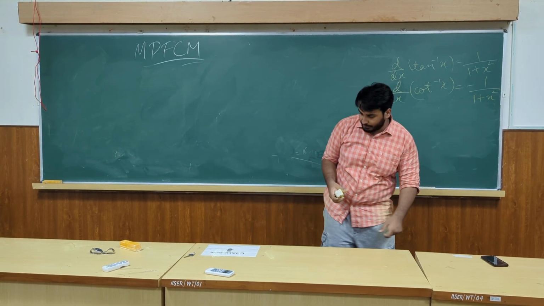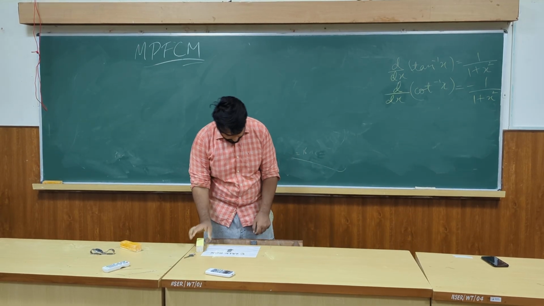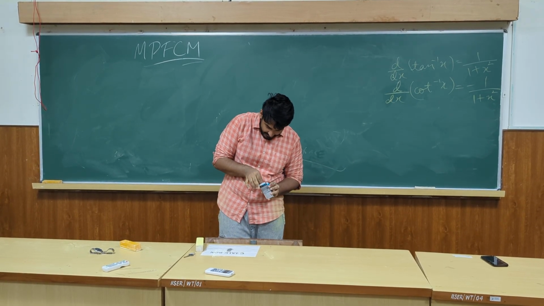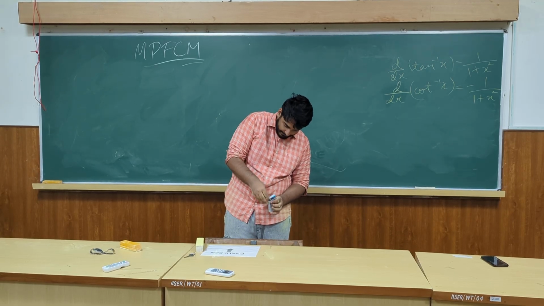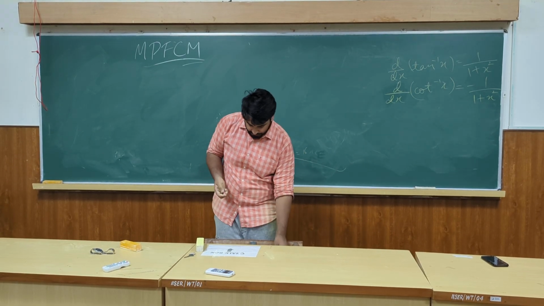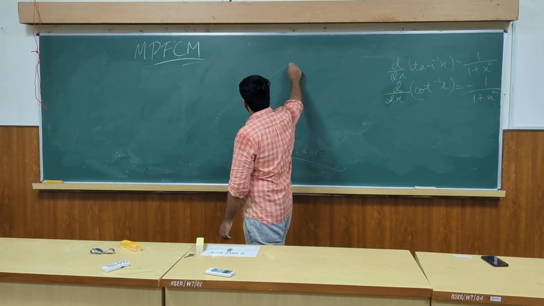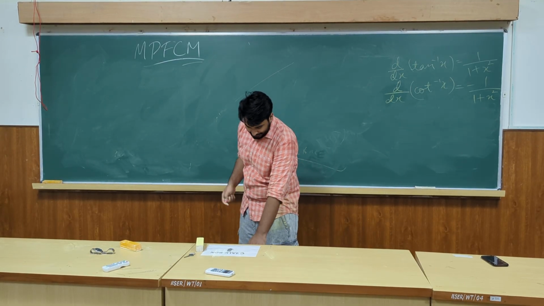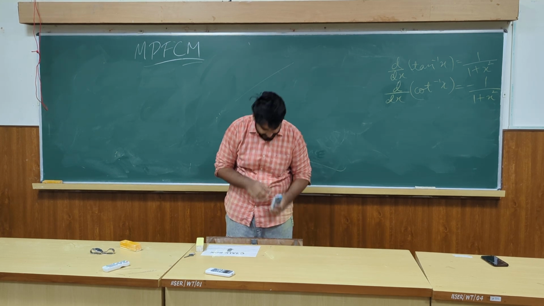And for a change of pace, I would like to change the chalk color. Yellow is getting boring now. What about pink chalk? Is it visible on the board? Is it visible to everyone? Okay, then we'll work with something else.